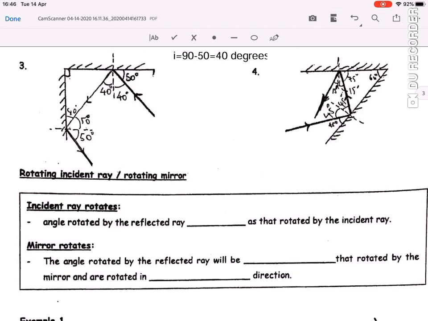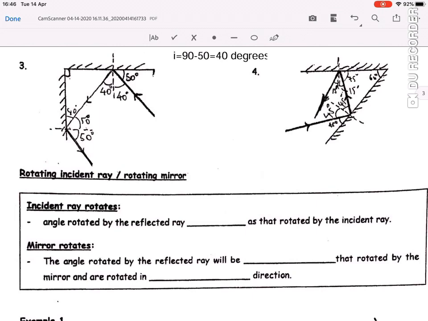Now you have to be careful. We got the 40 degrees at the top and the 40 degrees next to the mirror. From that, we come to a relationship of alternate angles. Remember in Form 1, you learned about that.